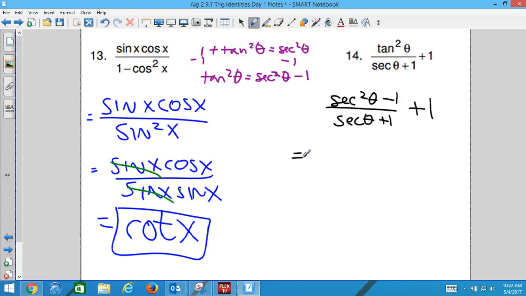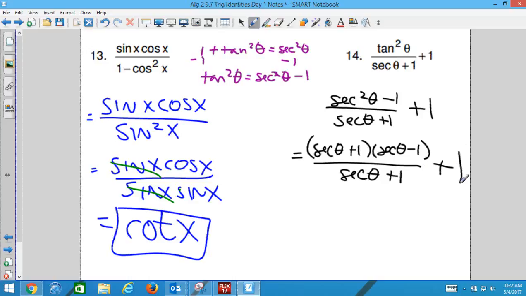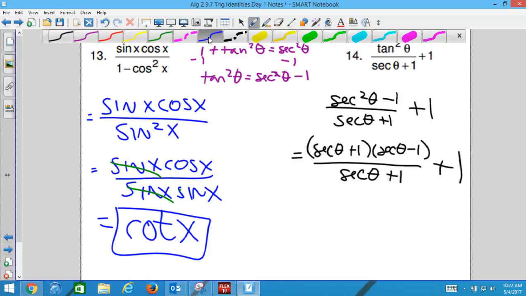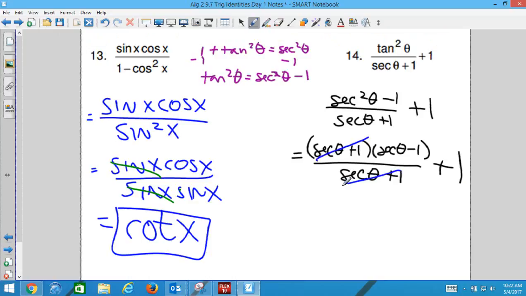But we can factor the top. That is a difference of squares: secant theta plus 1 and secant theta minus 1. Once it is factored, then you can cancel factors.